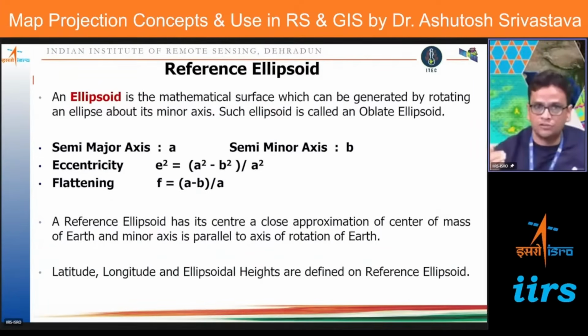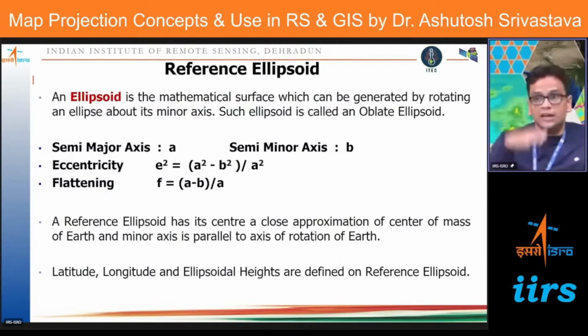If a equals b, then what will happen? e will be 0. A equals b is the circle case. So in the circle case, eccentricity will be 0.